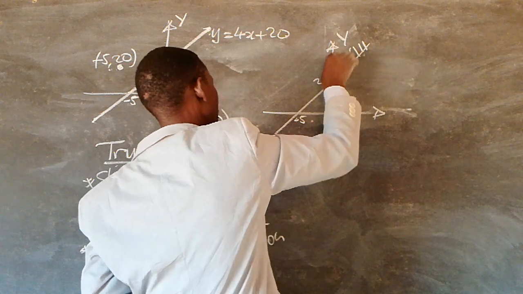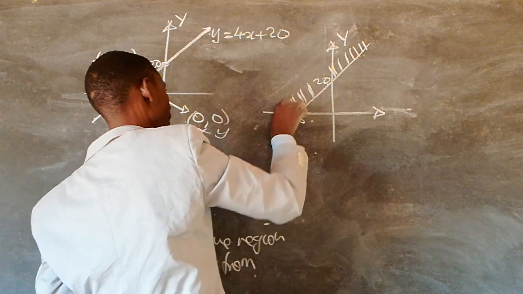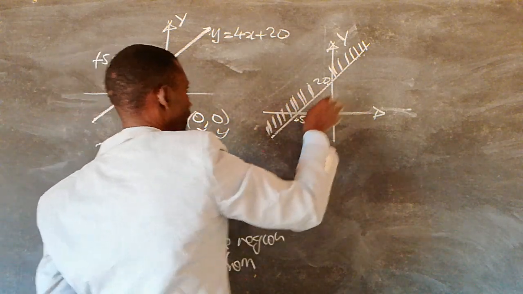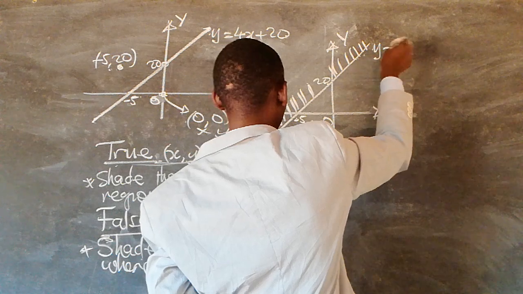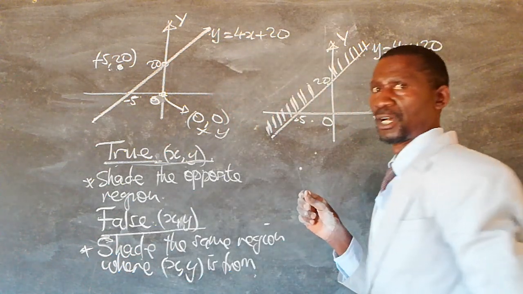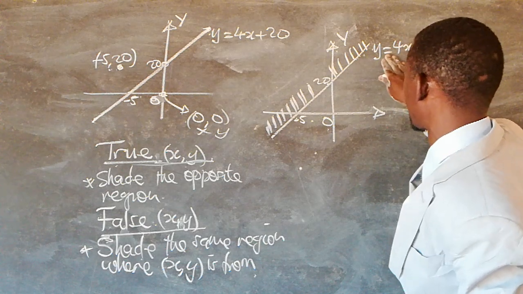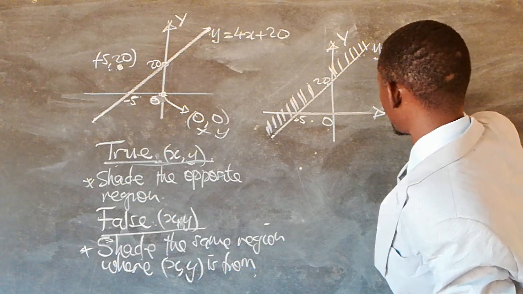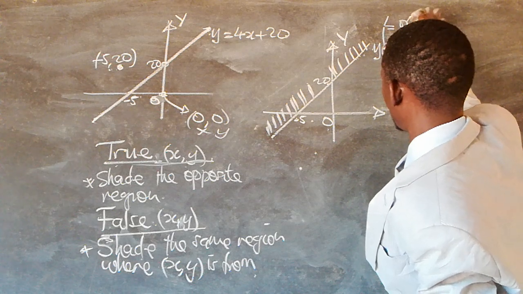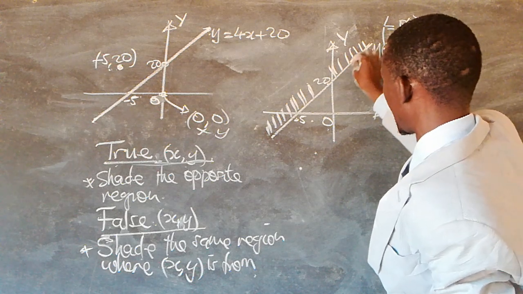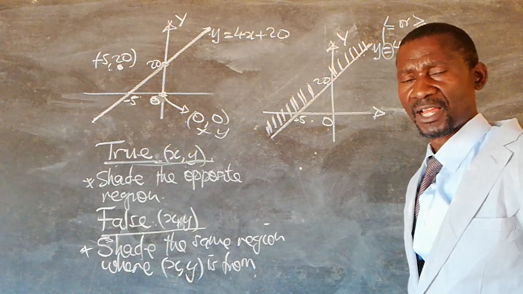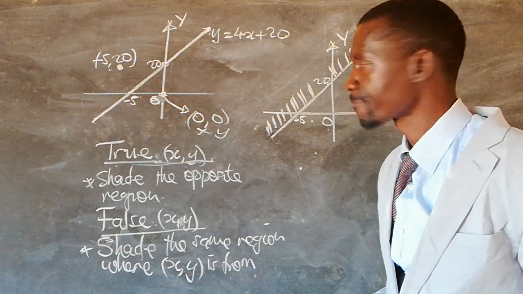If the upper part is shaded, then look at this, y equals 4x plus 20. What I want to replace there is an equal sign. So this equal sign should be replaced by either less than or equal to or greater than or equal to, because the line there is seen to be solid, not dotted. Are we together?